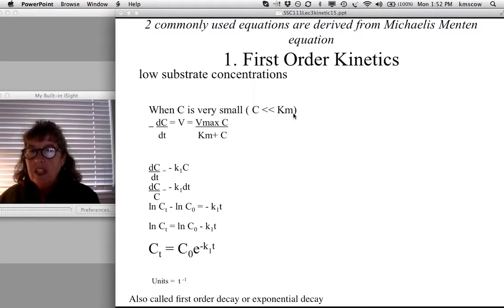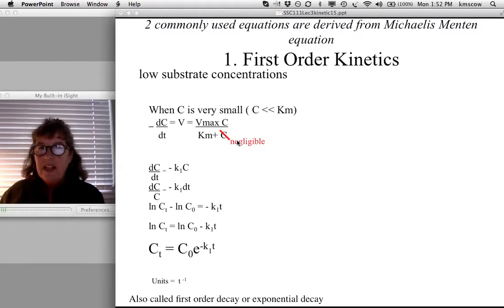So under those conditions, that C, that term in the lower part of this expression is negligible. So you can get rid of it, cross it out, and then you have a constant Vmax over Km, because those are parameters describing those particular conditions.